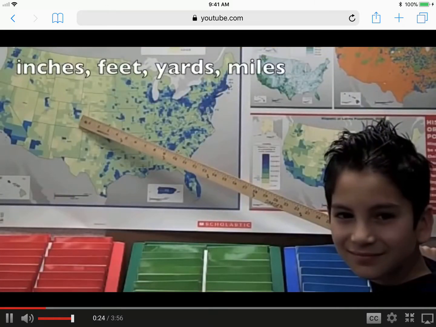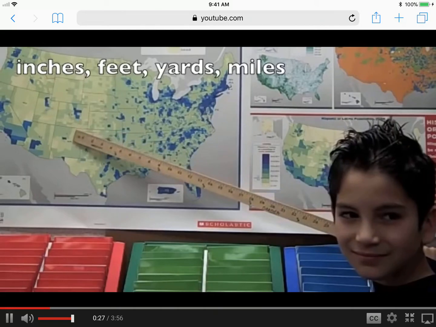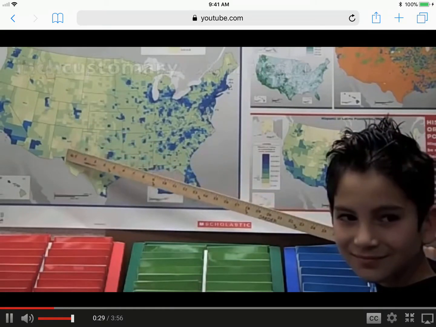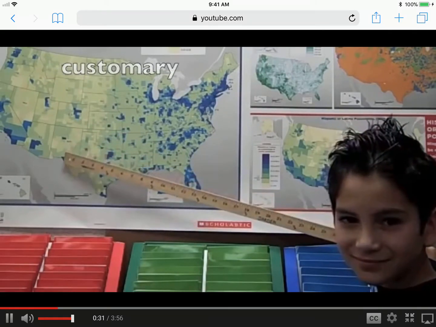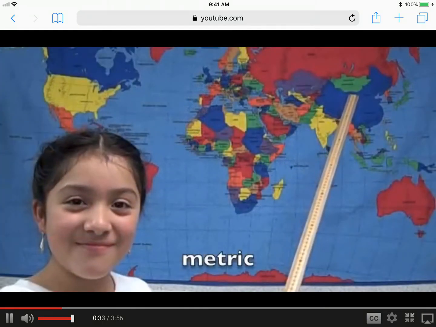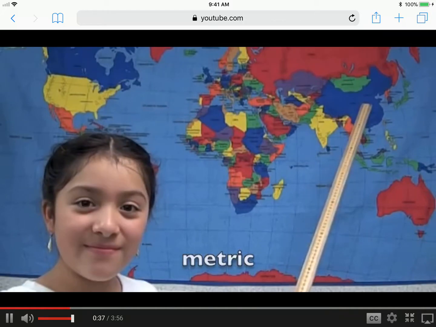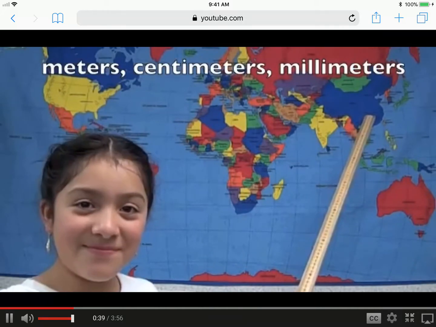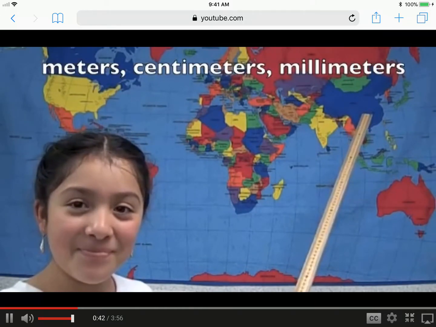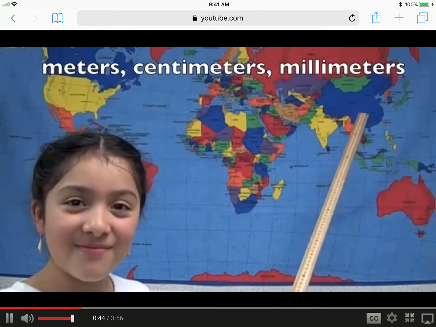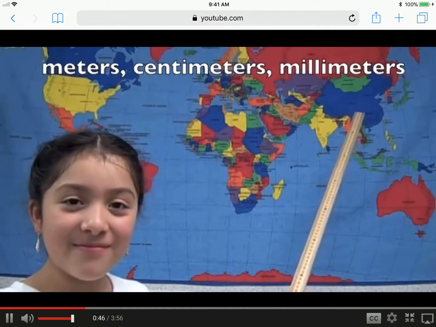Here in the United States, you usually hear about inches, feet, yards, and miles. These are customary measurements. However, everywhere else in the world, people use a different way to measure called the metric system. You have heard of meters, centimeters, and millimeters. These units or parts of length are used to measure distances too.